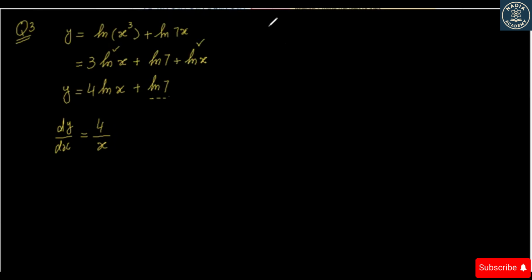Now we have another question, question number 4, for example, that our function y is equal to 2 minus 3 e power 7x, and the common denominator is 4 times e power 3x.